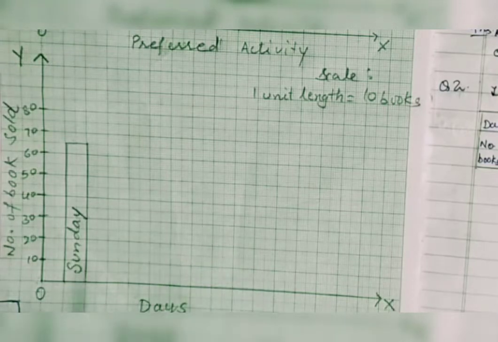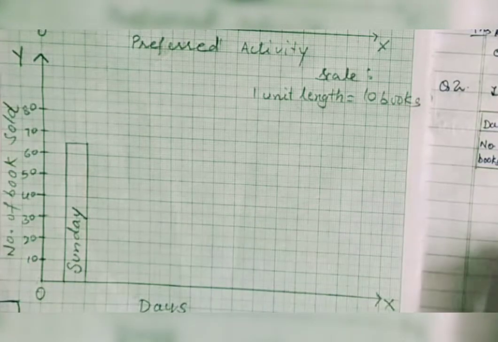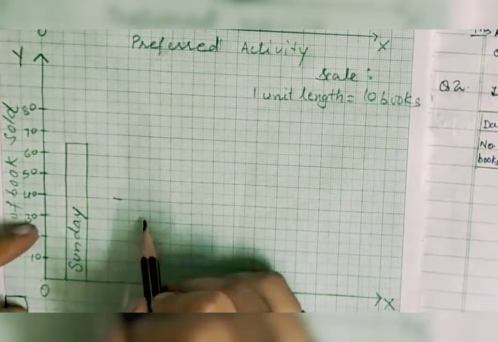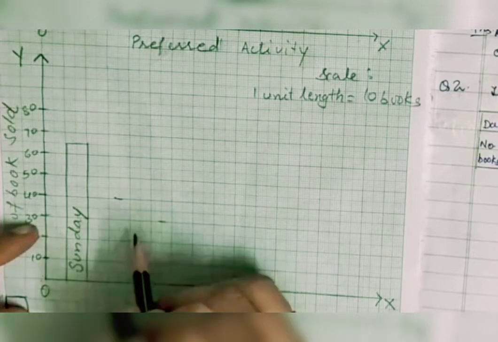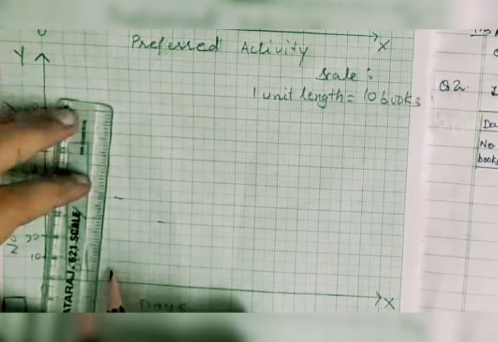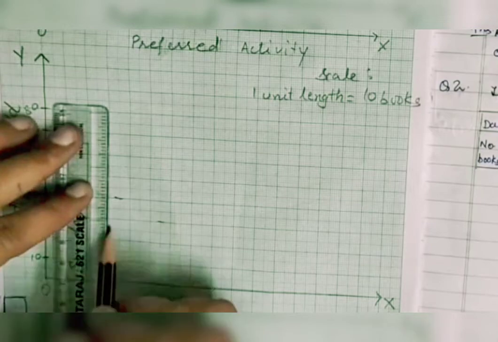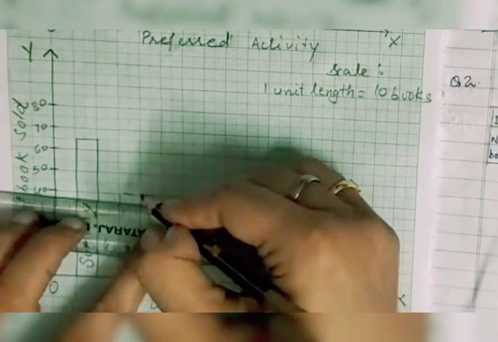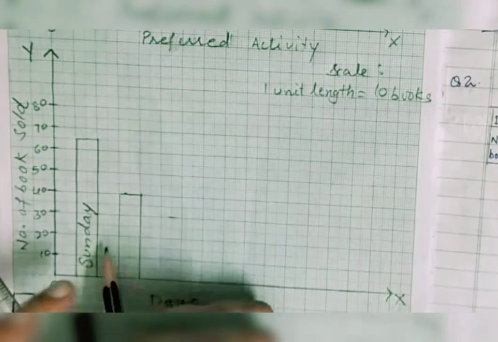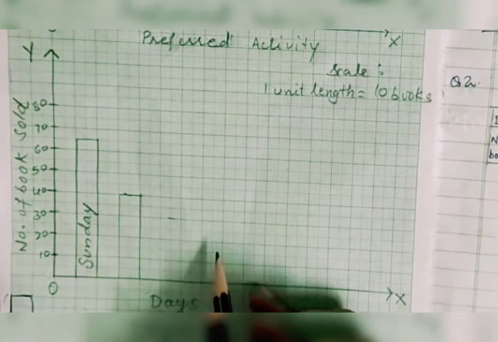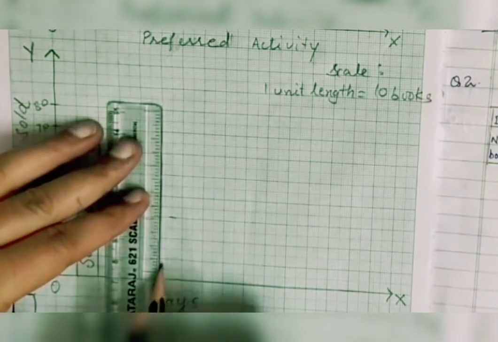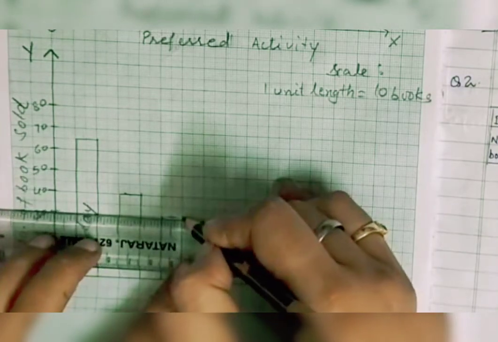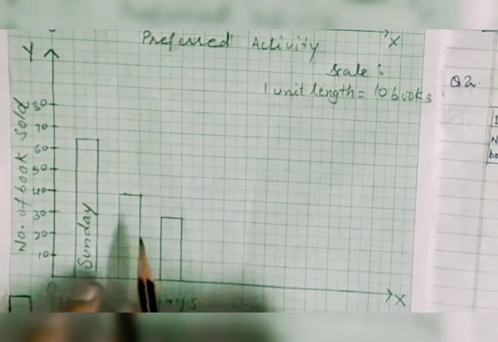In similar ways, we can draw another, like for Monday this is 40, for Tuesday it is 30, and you can see I am leaving gaps in between, meaning the spacing between the bars. So between two bars there is this equal space. Okay, for Monday we have drawn the bar, and now for Tuesday you can see 40 and 30.